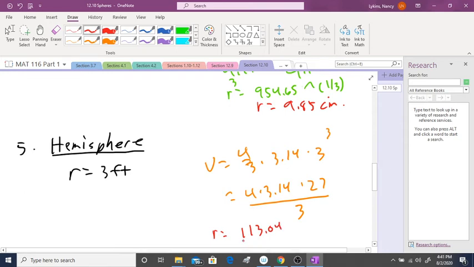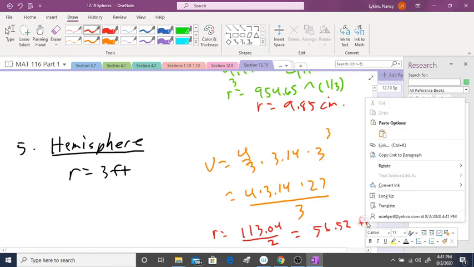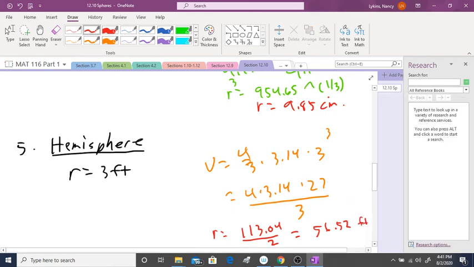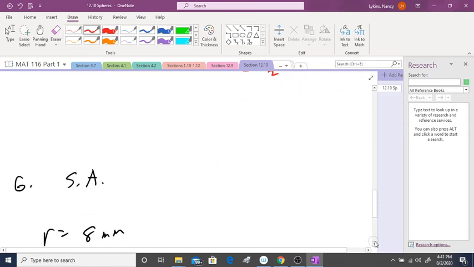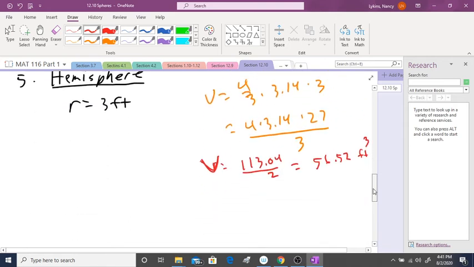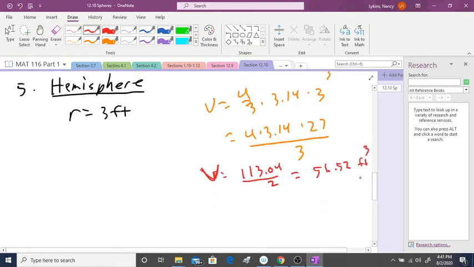But remember, it's a hemisphere, so you need to divide it by 2. So you get the volume to be 56.52 feet cubed. So anytime you have a hemisphere, remember to find the volume and divide it by 2.